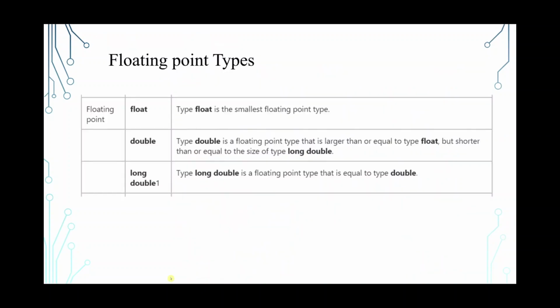The floating point types are float, which is the smaller size of floating point numbers, double, the medium size, which is the default, and long double, the bigger size. Type long double is a floating point type that is equal to type double, but it's sometimes used to store values with higher accuracy or higher precision.